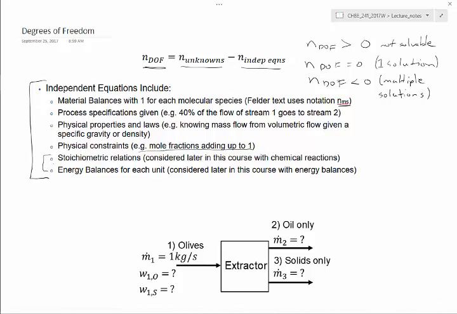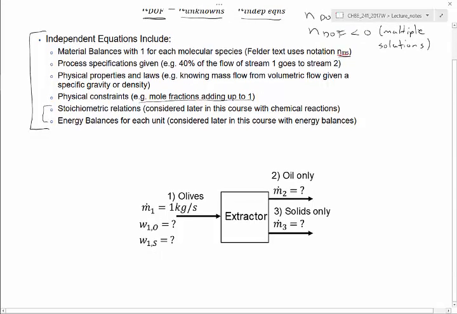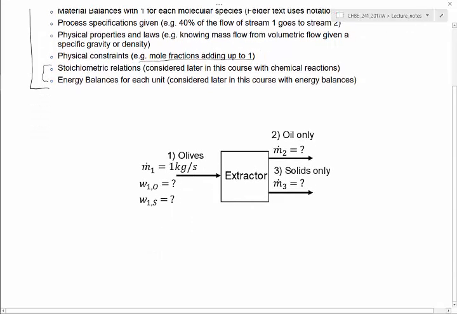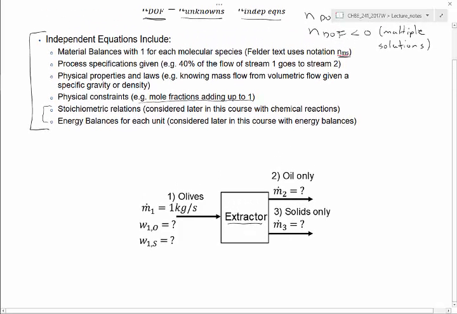So we're going to take an example here and do a degrees of freedom calculation on this example. I've got an extractor here, and what I'm taking in are olives, and creating olive oil and solids.